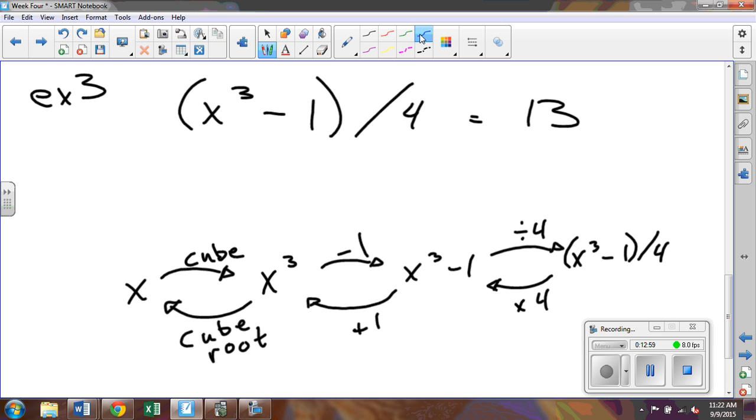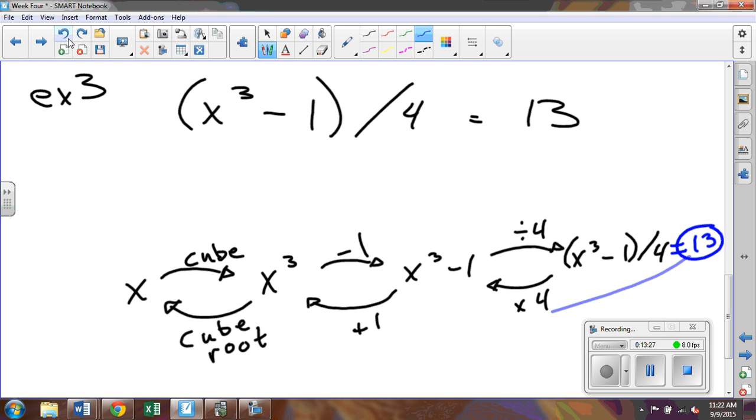Our process then is to say, since this whole thing is equal to 13, and especially if we're going to be using the calculators and not writing down steps, if you're not required to write down the steps, this is a nice way of being able to do it, because we're just taking 13 times 4 plus 1, and then the cubed root of that.